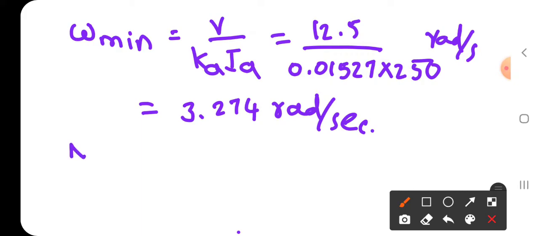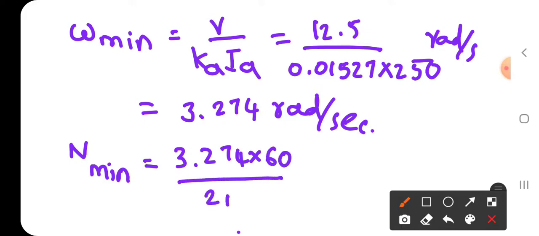But my intention is to find the minimum speed in RPM. So N minimum is equal to 3.274 into 60 by 2 pi.